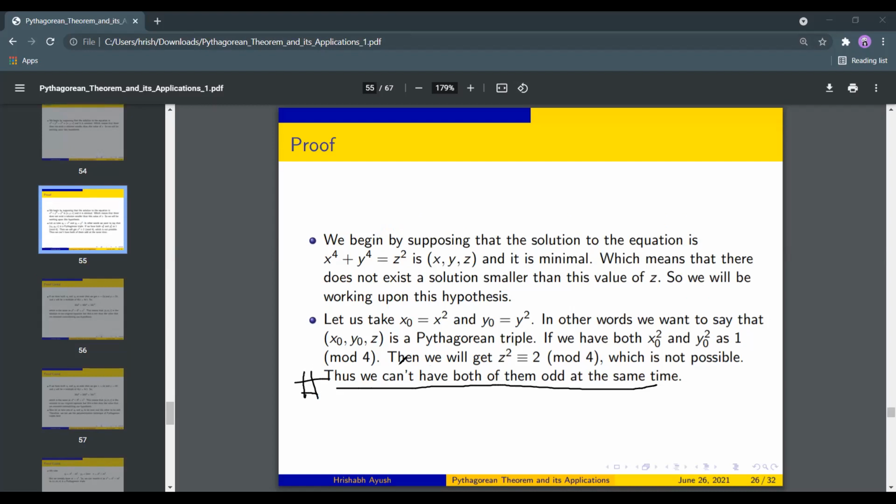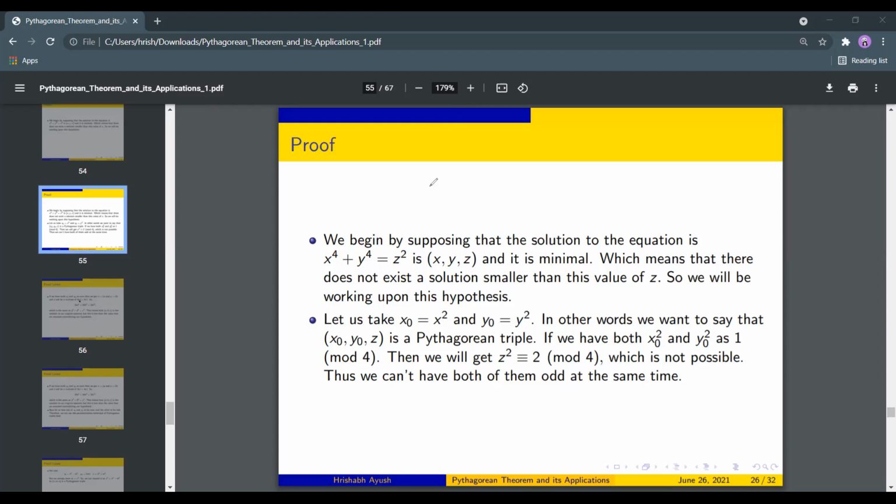So they both can't be odd at the same time because for odds you have 1, 3 mod 4 for n. So if we have an odd number, we'll get n congruent to 1, 3 mod 4. And when you square that, you'll always have n square congruent to 1 mod 4. So that is why we included both these cases of odd numbers and they don't satisfy. Okay.